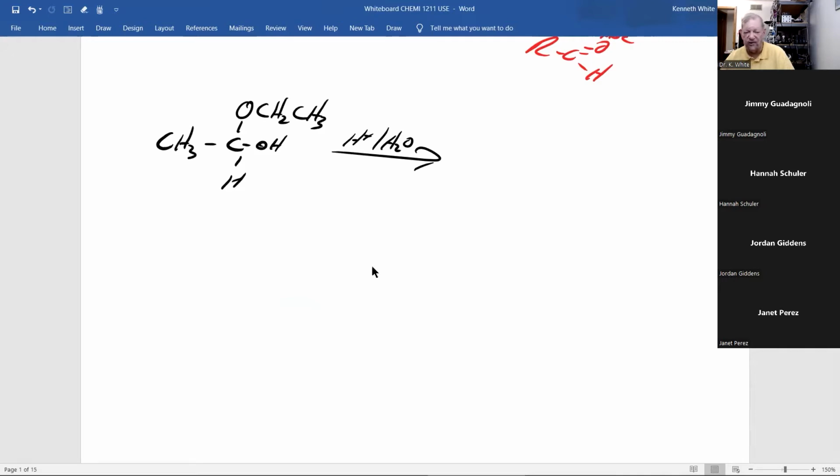And sometimes, as you see above the arrow, I'll put the water first and the H plus second. This means acid catalyst. And hopefully all know H2O means water.